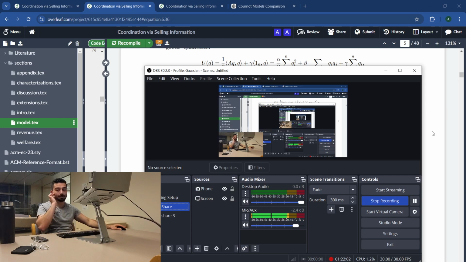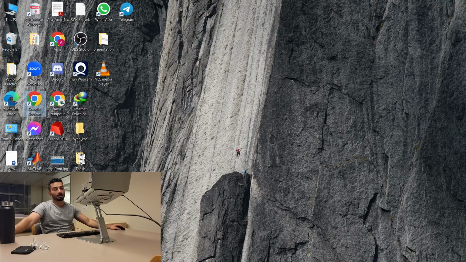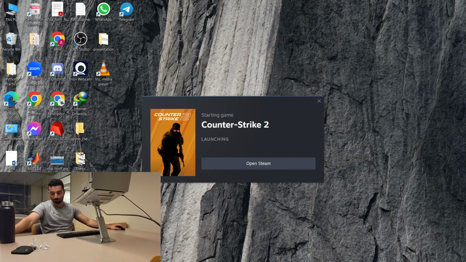Paper. I hate papers, but we have to get back to them. What's going on? This is the view.